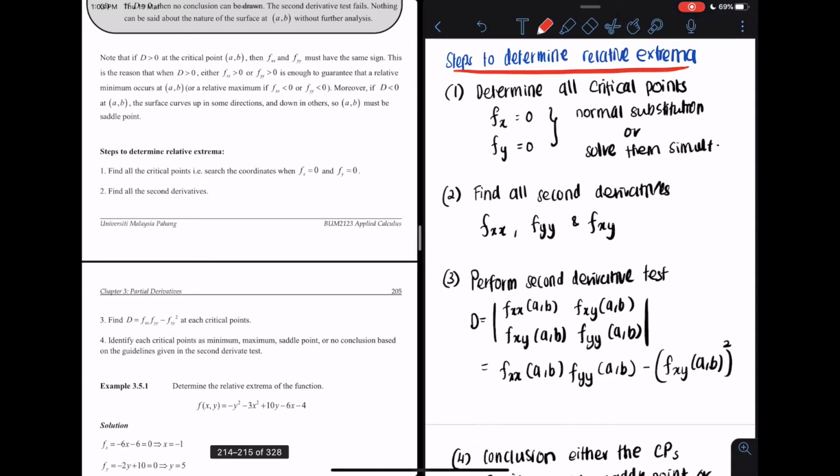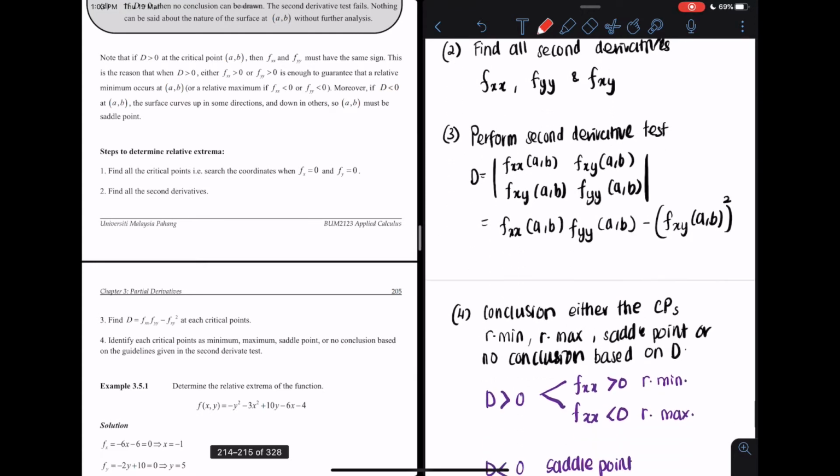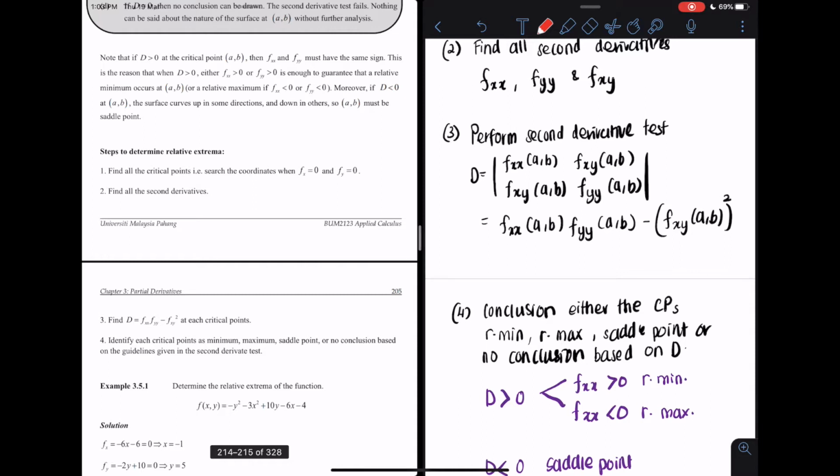And the second derivative test formula is D equals fxx times fyy minus fxy squared. And then right after you perform the second derivative test, you substitute the critical point, and then you have to write a conclusion for each critical point.